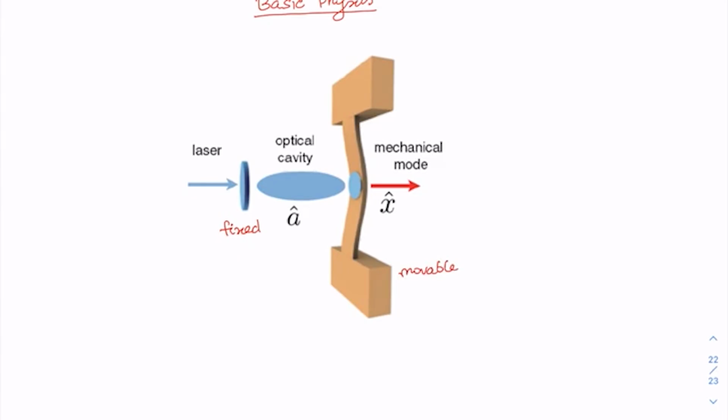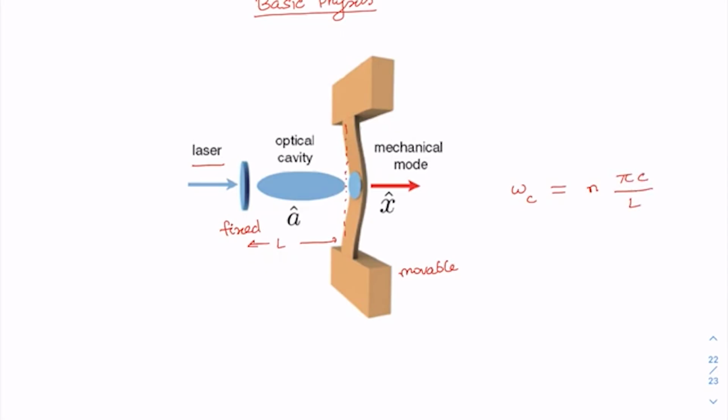If this mirror is not moving, and the length of the cavity is L, then as we know from our lesson on the Fabry-Perot cavity, the laser light will be able to enter the cavity provided the resonance condition is satisfied, where omega c is equal to n pi c by L.